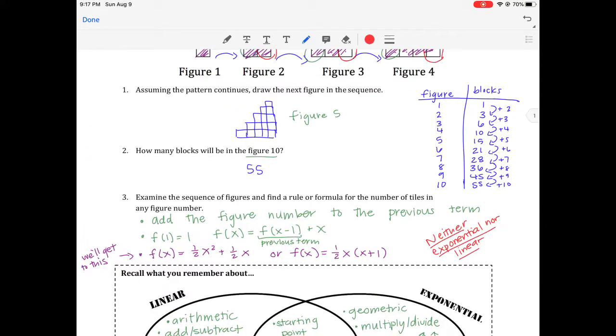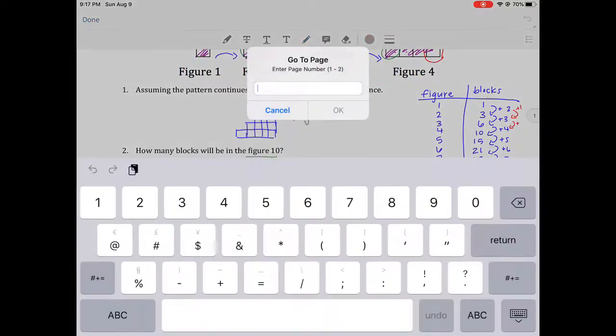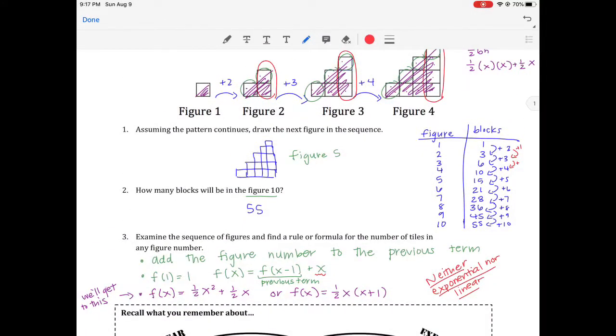You may notice we're adding a linear term here, we added an x. Something kind of cool if you look over the table: what's the difference between 2 and 3? There's another 1, right? What's the difference between 3 and 4? Another 1. 4 and 5, another 1. 5 and 6, another 1. 6 and 7, another 1.